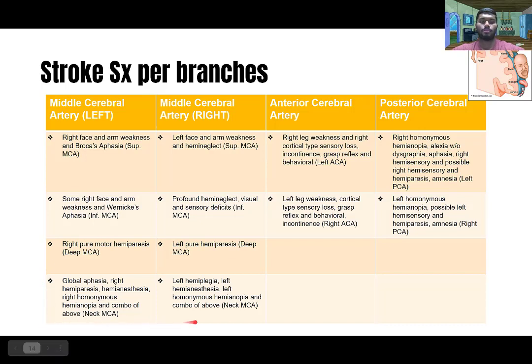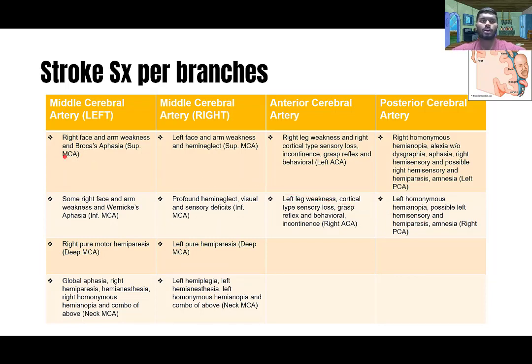Because trust me, in the previous semesters, we were told to just memorize it. We weren't really explained why, and it was not a very fun time because there's a lot of overlap. For example, left homonymous hemianopia. We also have right homonymous hemianopia. So it's a lot of overlap, and it can be very confusing if you don't really understand why some of these things occur, but I digress.